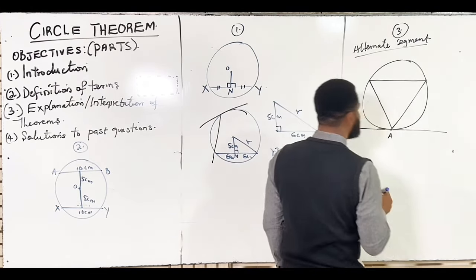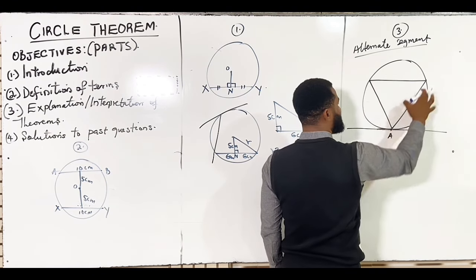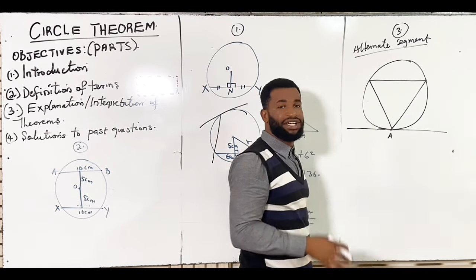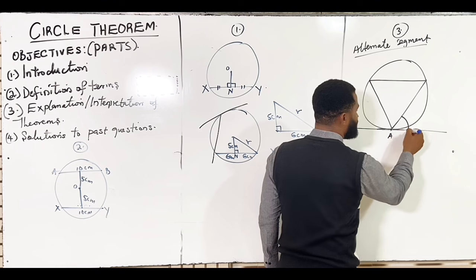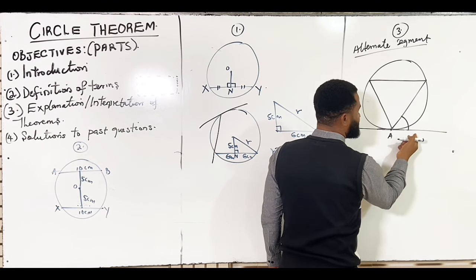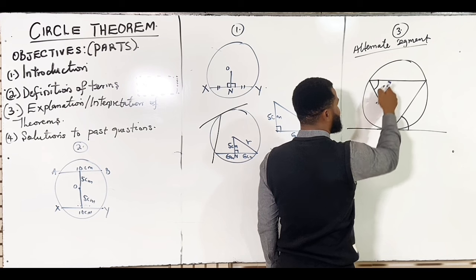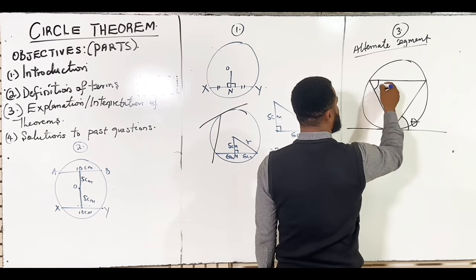Remember, this is a chord and this is a chord, which forms a triangle. The law says that the angle which this chord makes with this tangent is equal to the angle the two chords make with each other. So this angle, theta, must be the same as this theta.